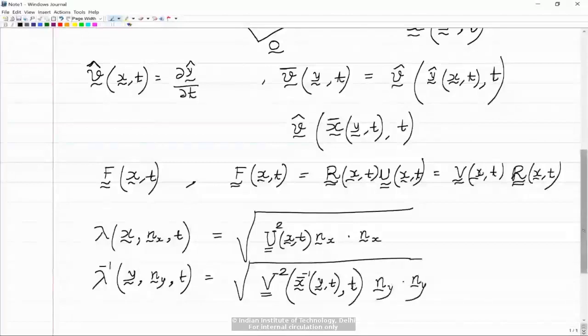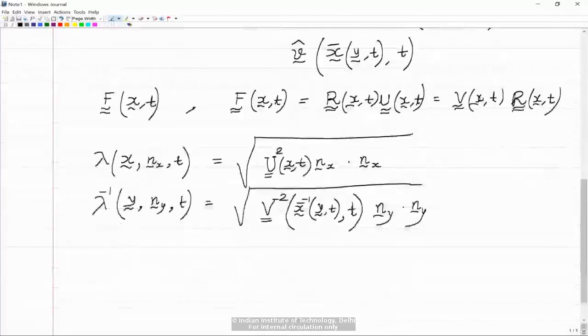Okay, so this is the true Eulerian form.